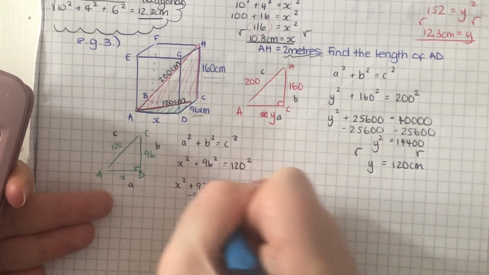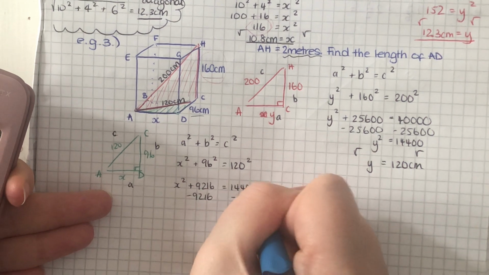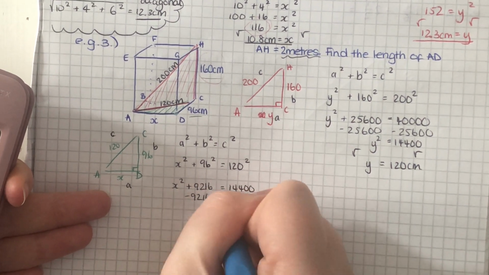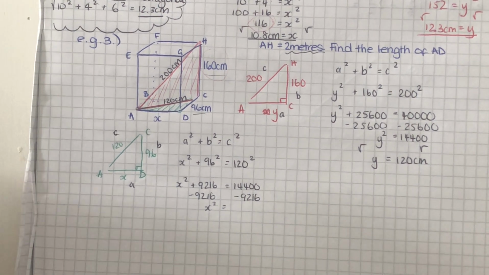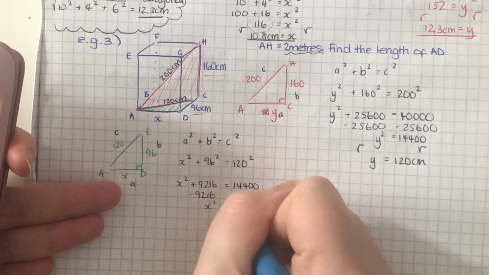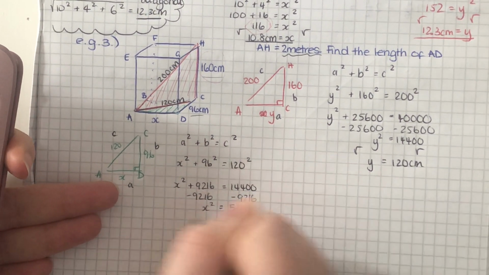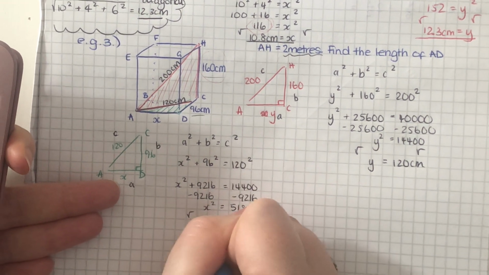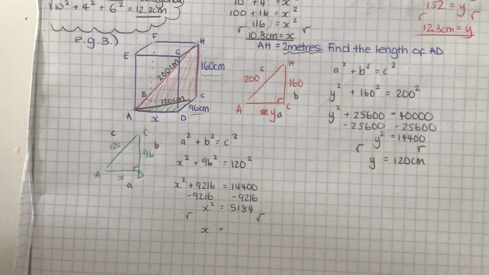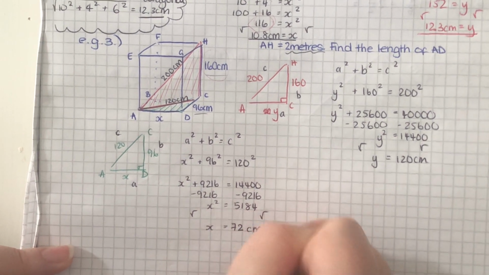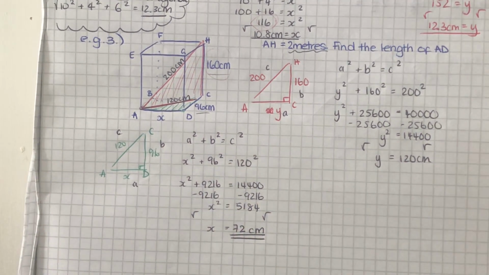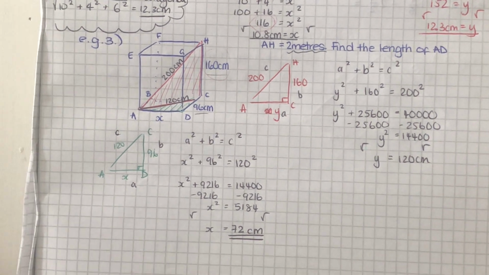Take that away from both sides. And we get 5184. And then we square root. And we get 72 centimetres, and that's the final answer for all that work. Okay.